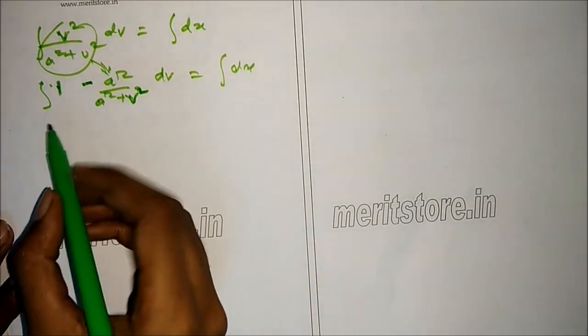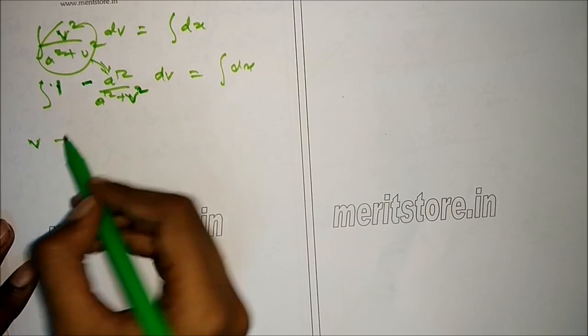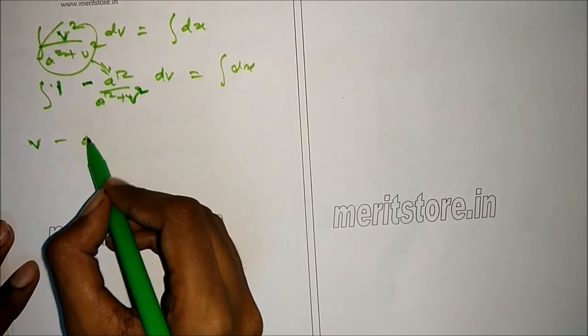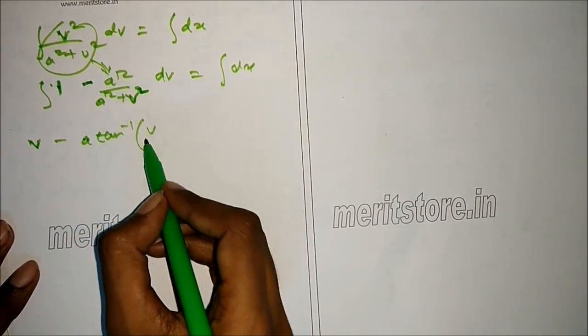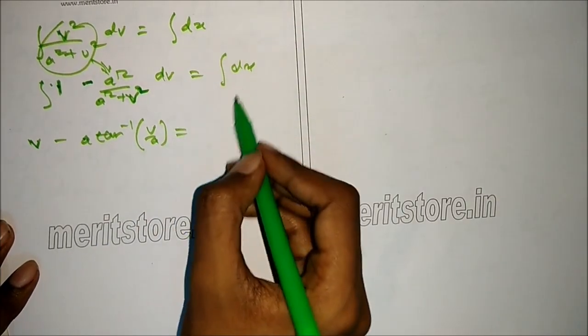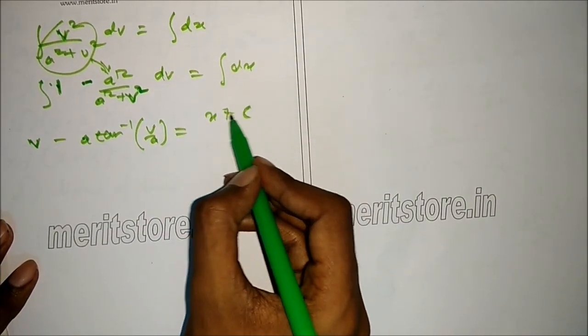So integrating these terms now, we'll get v minus a into tan inverse of v by a is equal to integration of dx, which is x plus integration constant c.